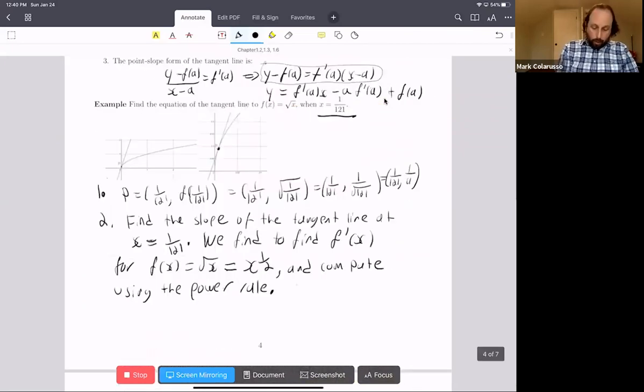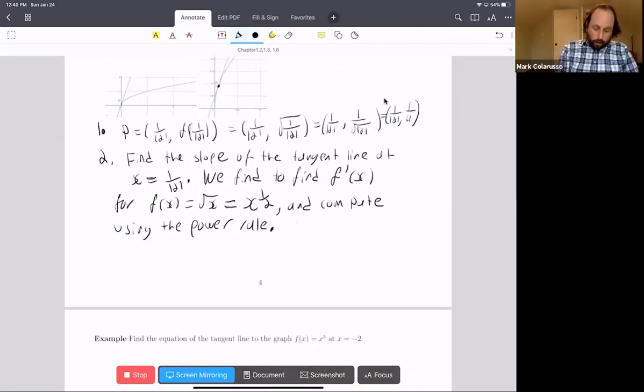Use the power rule with n equals 1/2. So f prime at x, the 1/2 comes down, and you get x to the 1/2 minus 1, which is 1/2 x to the minus 1/2. So it's 1 over 2 root x.